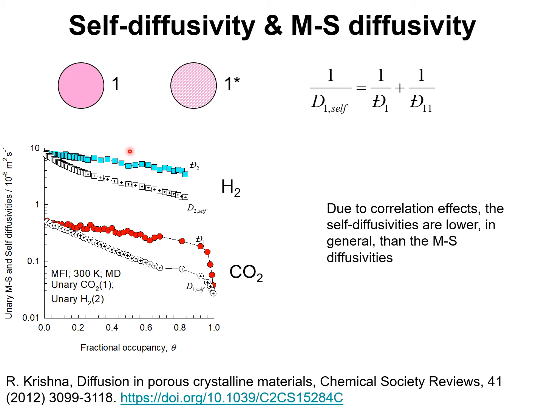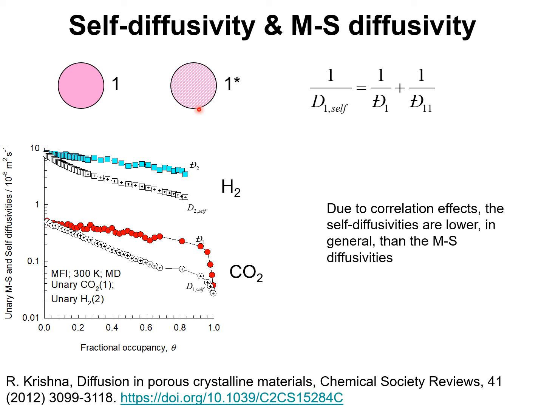The Maxwell-Stefan equations can also be applied to a binary mixture consisting of two species that are identical in all senses except that one of them, say this one on the right called 1 star, is tagged.